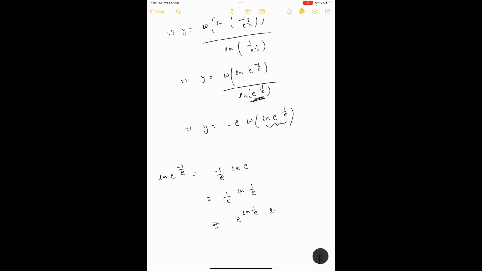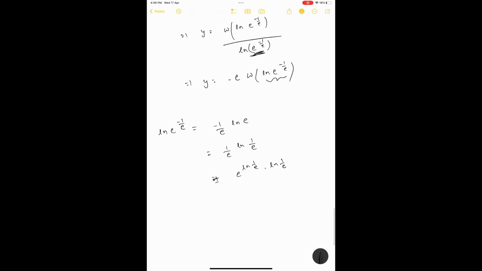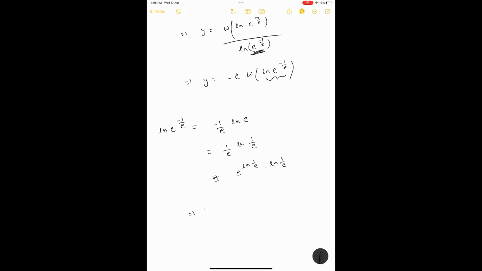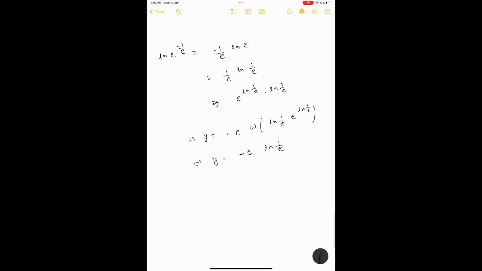Now it is in the required form. So y is equal to minus e W of ln 1 over e to the power ln 1 over e. So what we get is something e to the power something, from there we get something again, minus e times ln 1 over e, which is equal to minus 1, so y equals e.